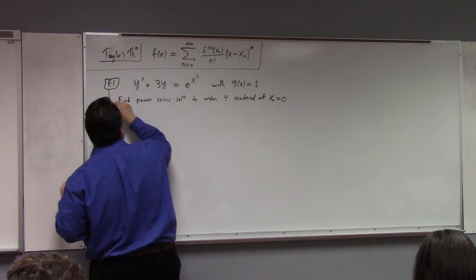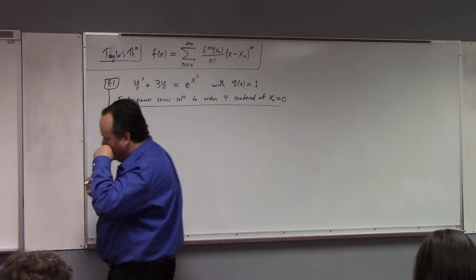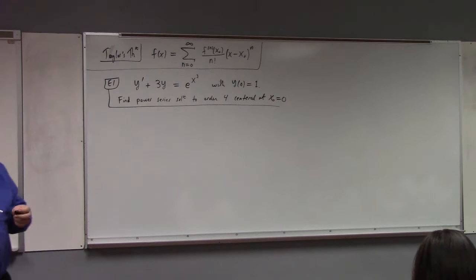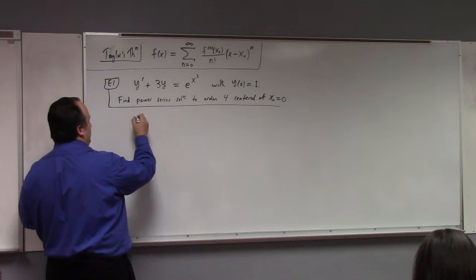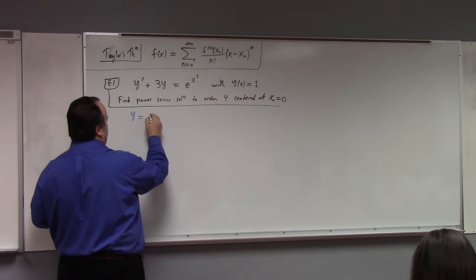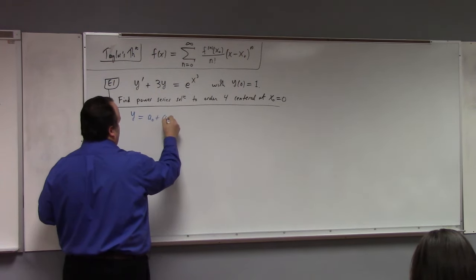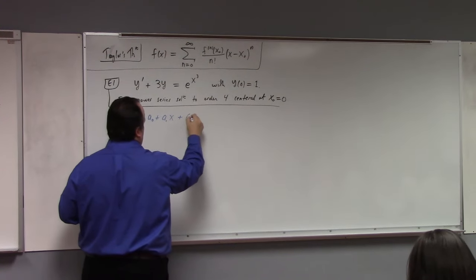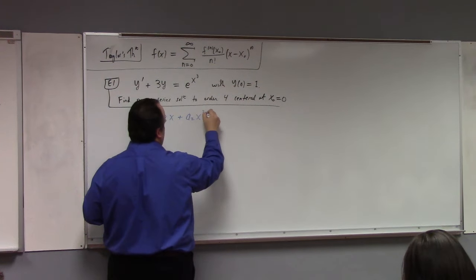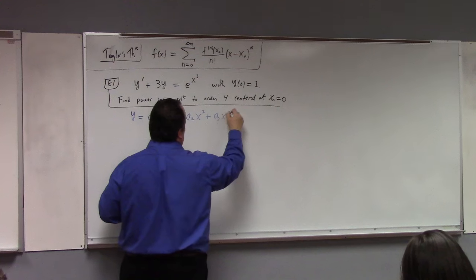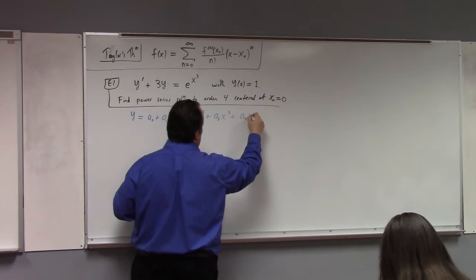So how do you do this? What you do is you suppose that you've got a power series for your solution. You say y is equal to a0 plus a1x plus a2x squared plus a3x cubed plus a4x to the 4th.